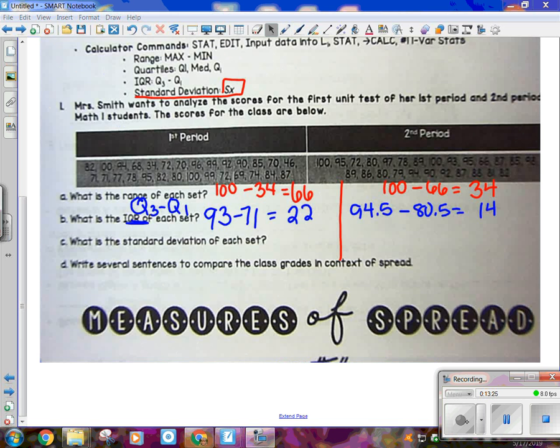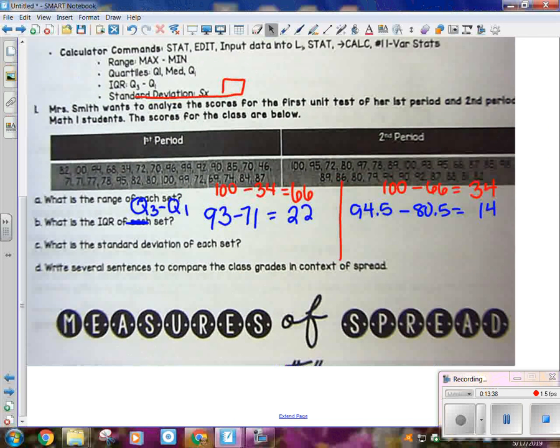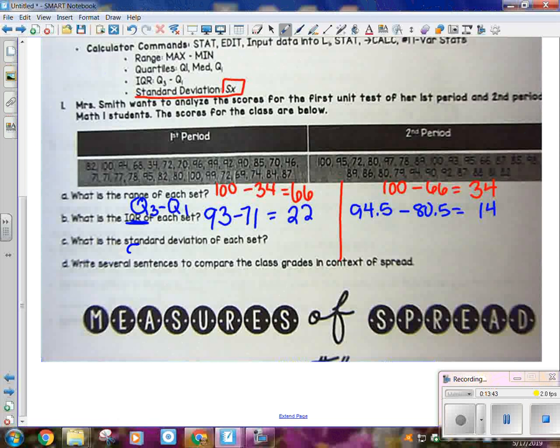What I want you to do is you guys have been looking at the 5 numbers to get the range and the IQR. Now scroll back up and look for the standard deviation, which is Sx. So what's the Sx for first period? 15.19.